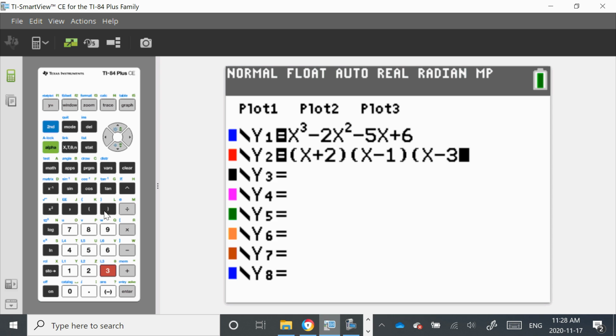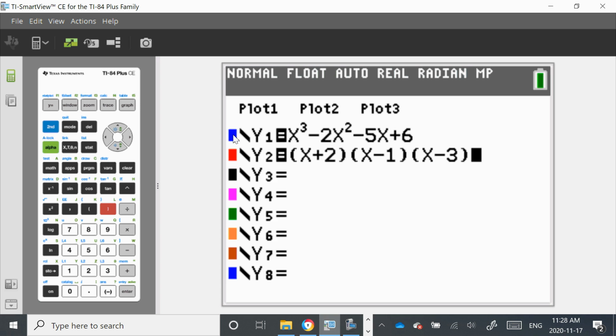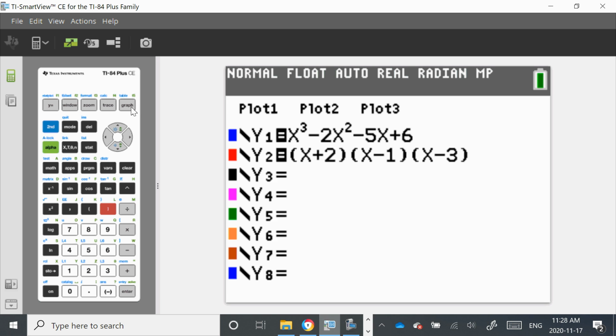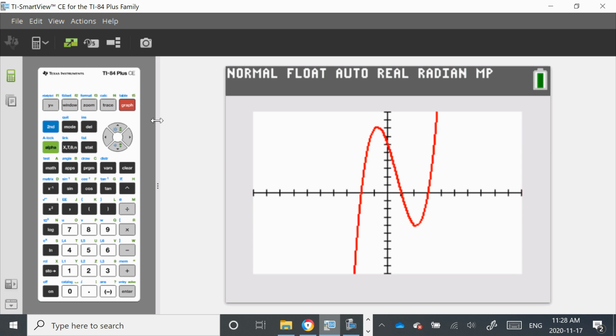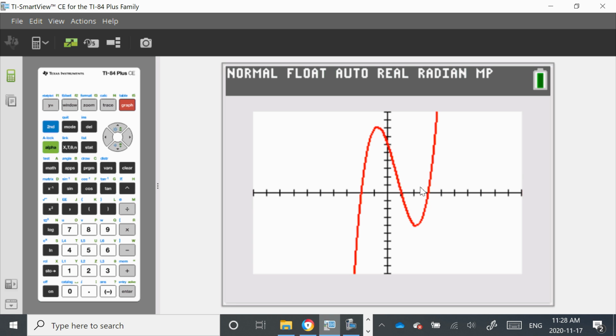I don't have to hit a Zoom 6 window up here because I already did that in the last question. So let's just graph this. Let's pay attention for the blue graph, which will come quickly. And then on top of that will be the red graph. So there's my blue polynomial, my y1, followed by my red y2. These are the exact same graphs. So we did the question correctly.